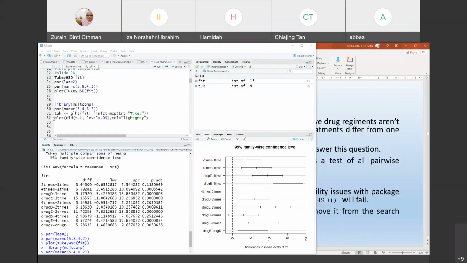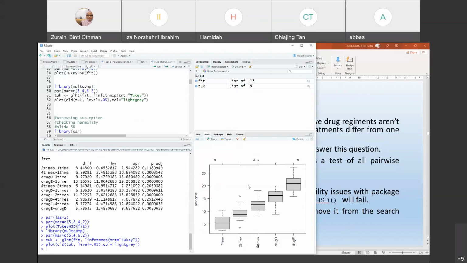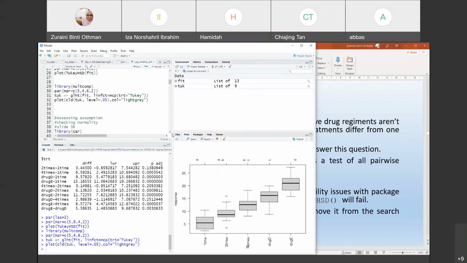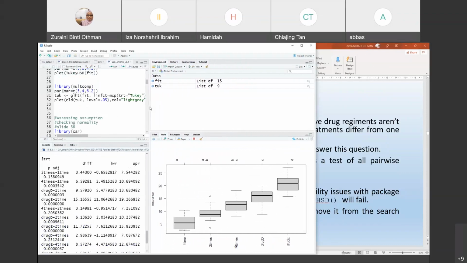Here, okay, let us load it. Okay, then we get this. Actually, these box plots come from this value also, but here it gives more information.